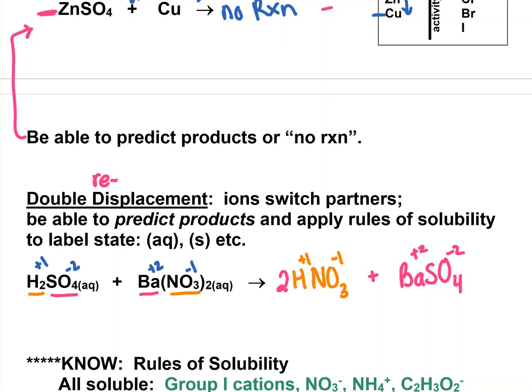When you balance a double replacement reaction, you can treat the polyatomic ions as a group. So I don't have to balance oxygen separately, or nitrogen separately. That would be a nightmare. I can just balance nitrates, sulfates, hydrogens, and bariums.